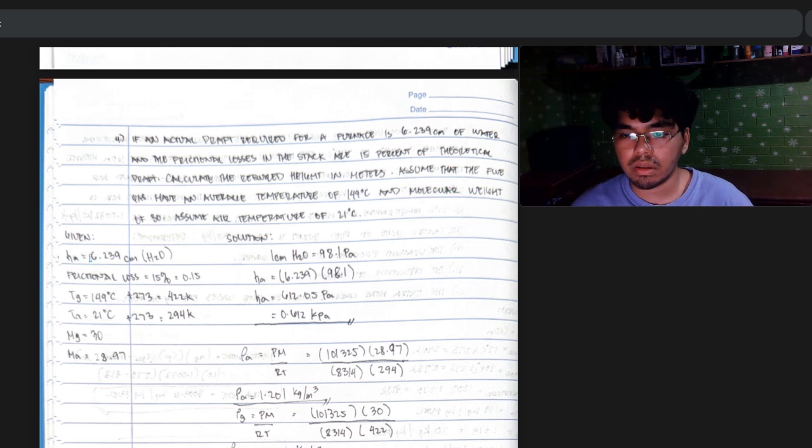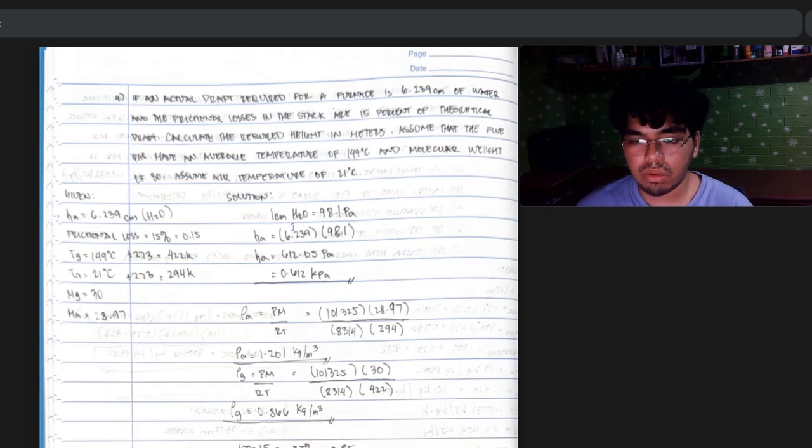So, what are the givens? HA is equivalent to 6.239 centimeters. Frictional loss 15%. TG is equal to 422 Kelvin, TA is equivalent to 294. MG is 30, then MA or molecular weight of air is equivalent to 28.97.